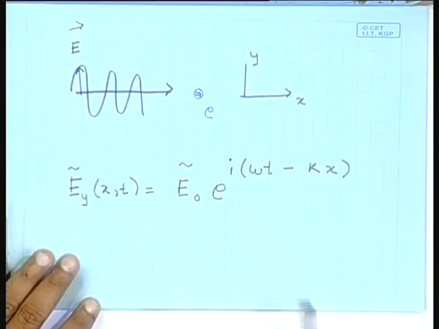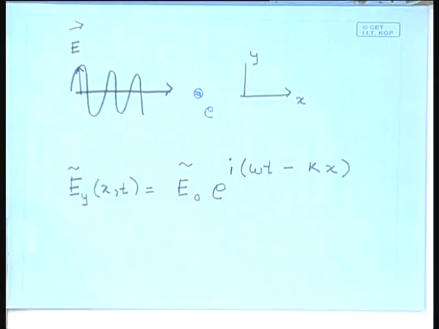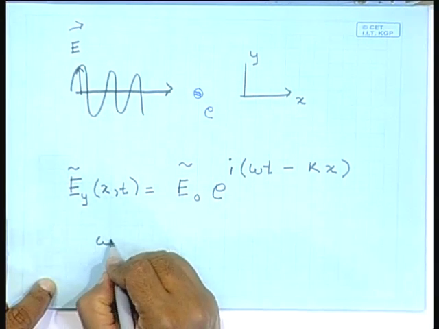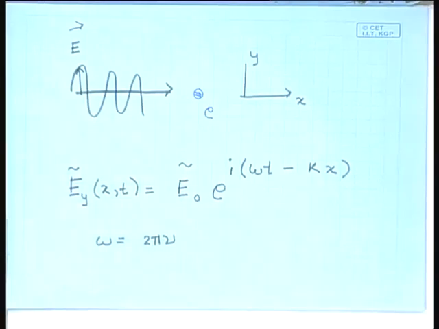So, you have omega, and omega is the angular frequency which is related to the frequency of the wave, and this determines how fast the electric field goes up and down in time.